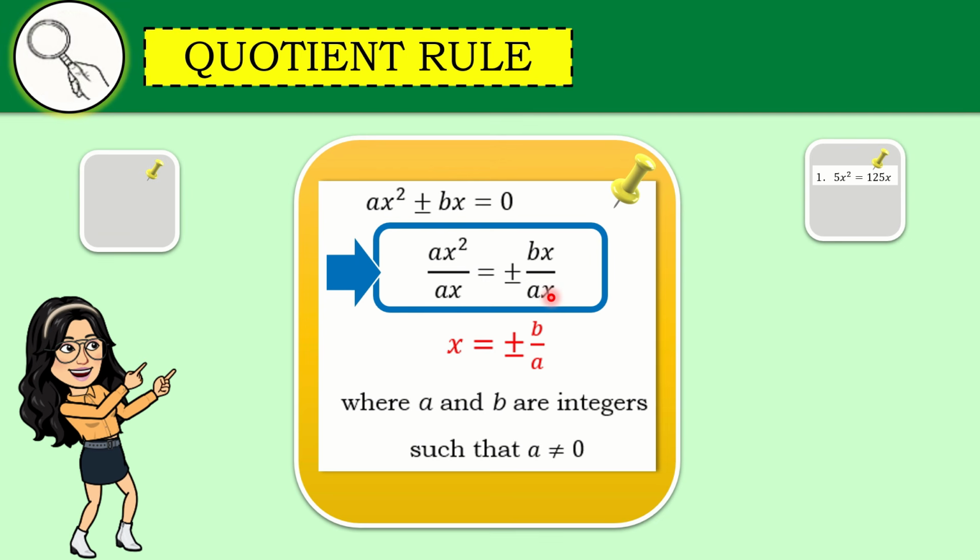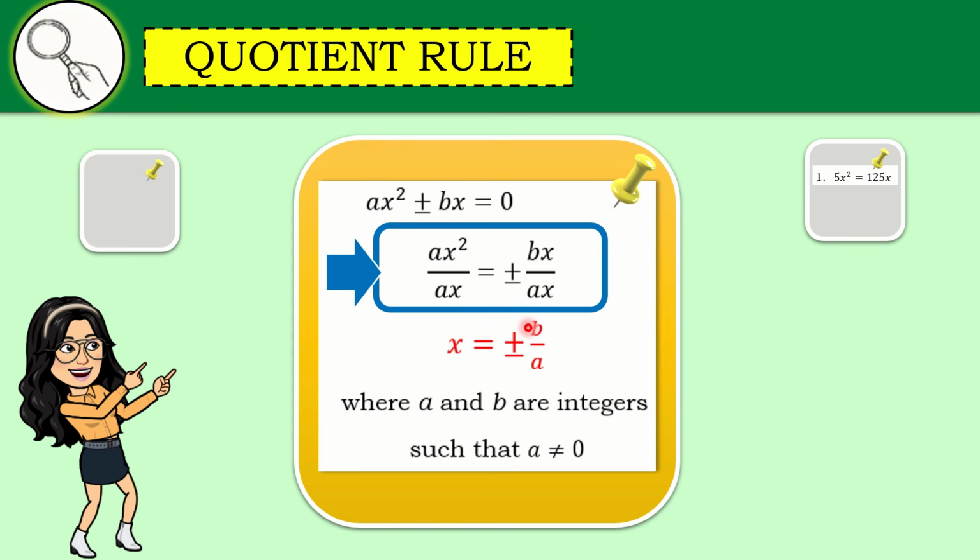Here, what we did is we eliminated ax because we are only looking for x. Same with the right side, divide it by ax. So here, we are left with x, that's equal to plus and minus b over a, because we already canceled out x. So this would be our final answer.